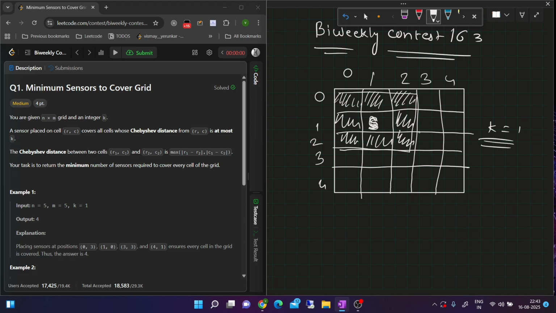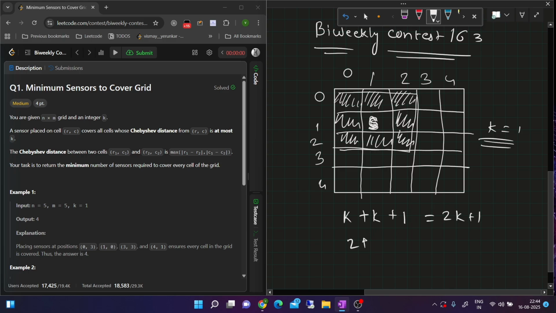So now the problem boils down to how many of these squares can be added to this grid such that the complete grid is covered. So we know that starting from any cell, we can go k in the upward direction plus k in the downward direction, and this 1 for the particular cell. So the total would be 2k plus 1 in the vertical direction, and similarly we have 2k plus 1 in the horizontal direction.